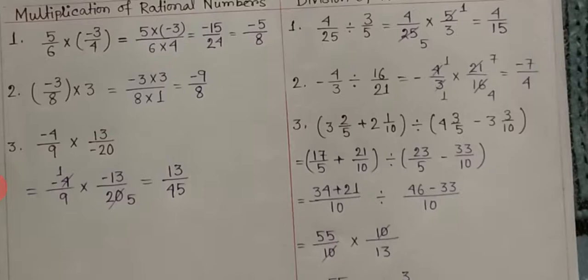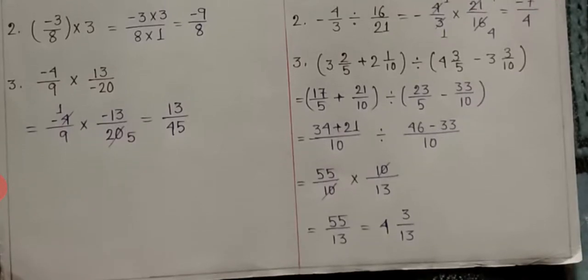Next, the addition and the subtraction took place as usual. Now after addition, the result is 55 by 10 and subtraction is 13 by 10. Now according to the rule of division, we got the final result 15 by 13, that means 55 by 13, that means 4 into 3 by 13.